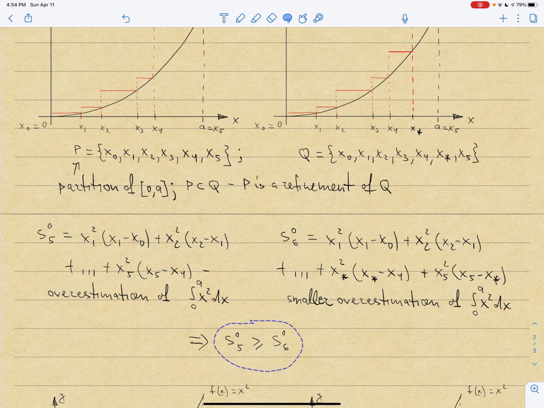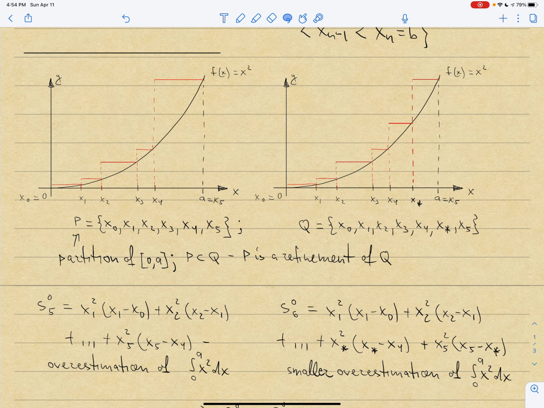And so it kind of looks like that if I consider all possible overestimations by using partitions like this, all the overestimations are going to have strictly larger area than the area under the graph. If you define the partition, then the overestimation goes down. If you refine it any further, it still goes down.